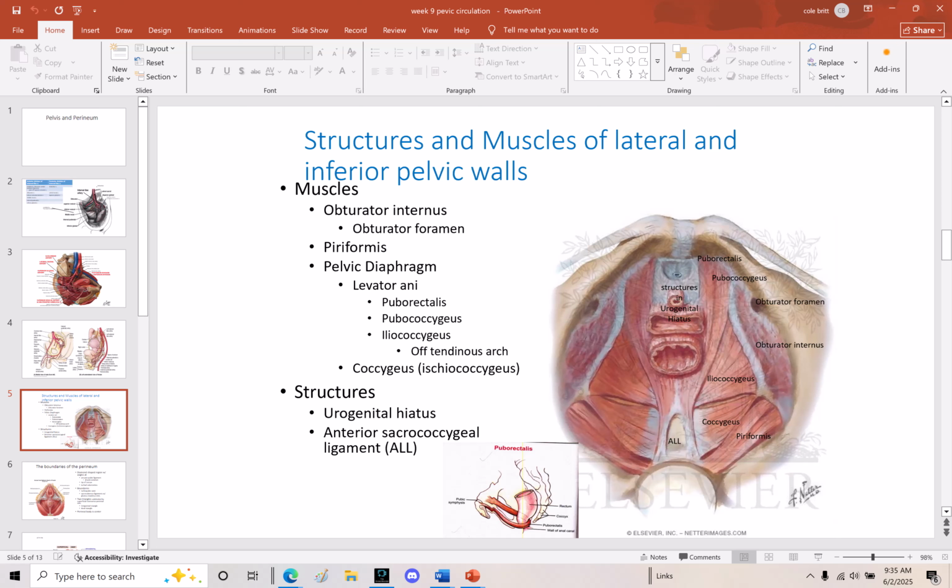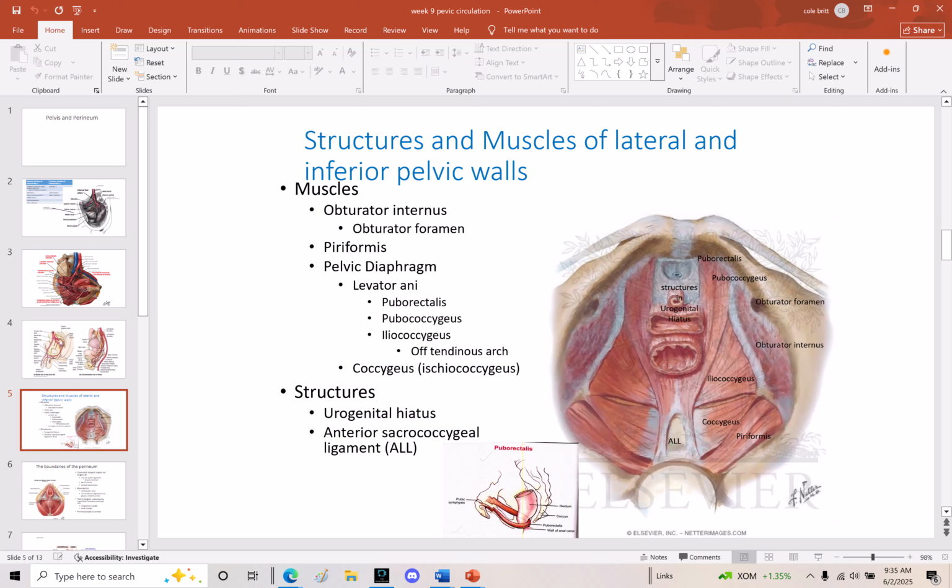It covers the top of the pelvic organs. And we talked about this two weeks ago, that the rectovesical, rectouterine and uterovesical pouches form by the distal peritoneum draping over the top of the pelvic organs. So we have to have something to help hold those in place.